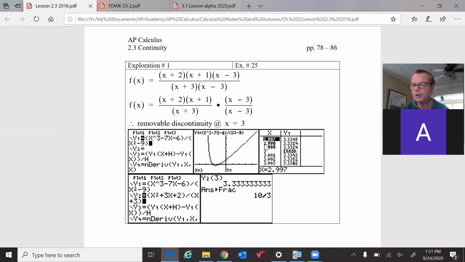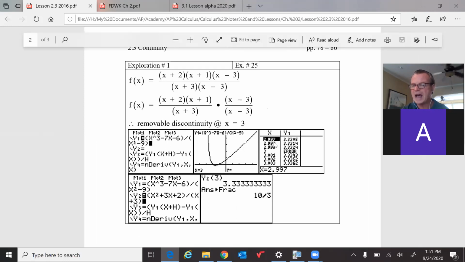Now what? You can see the hole here because I went to the table and I made the delta table 1,000. So as you see from the left, these numbers are trying to get to 3.3 repeating, and from the right, they're trying to get to that. So that's the height of the hole.